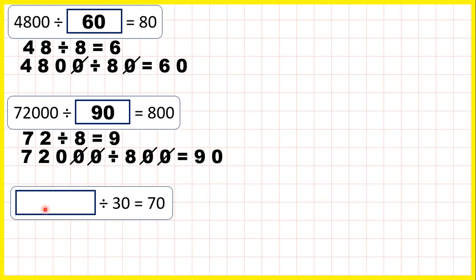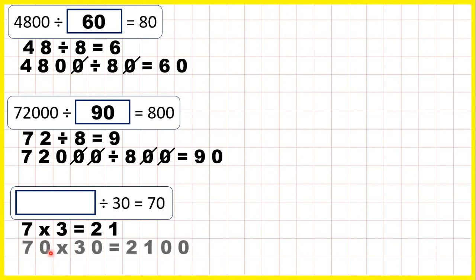Now something divided by 30 is 70. Well, here it's the first number in our division question that's missing. It's the dividend that's missing, so we can find that missing number by reading the question backwards as a multiplication and doing 70 times 30. 7 times 3 is 21, so 70 times 30 is 2,100, because there's a total of 2 end zeros in our multiplication question, so that's 2 end zeros in the answer.